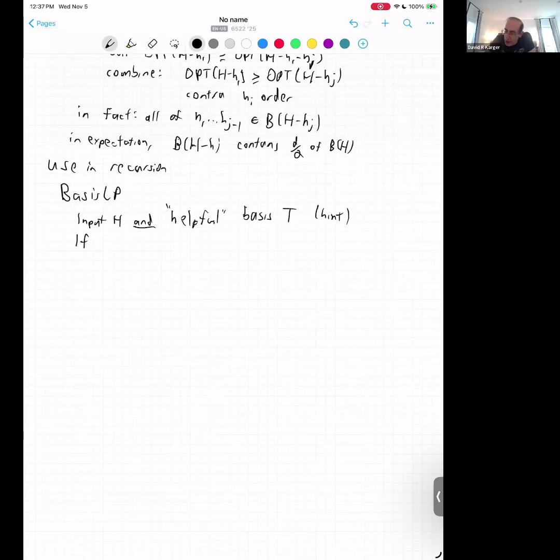So the first thing that we do is we check if we only have D hyperplanes, then of course we're done. We have the basis because there's only one basis. Otherwise, we're going to pick a random hyperplane from H, but we're speculating that T has lots of the optimum basis in it.